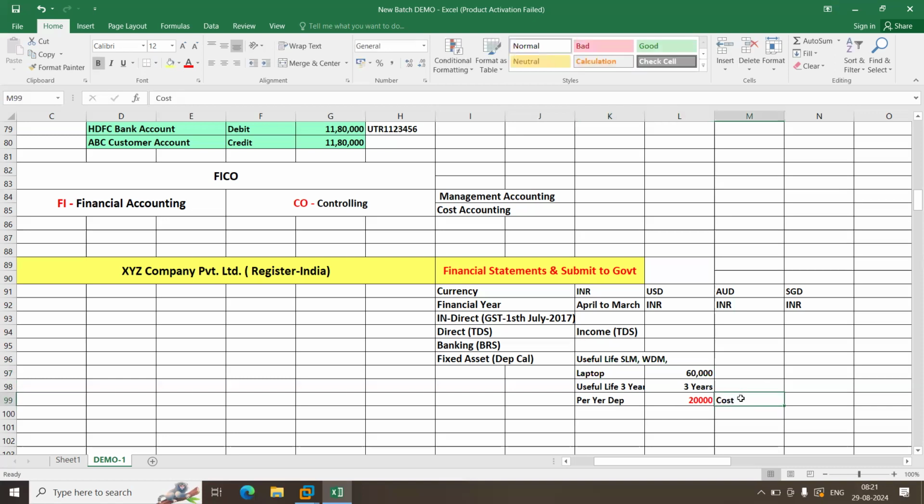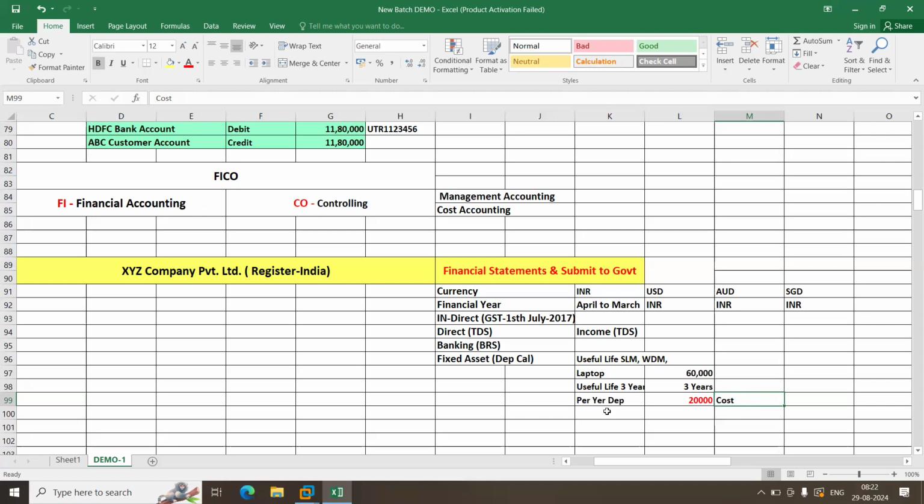And when you are going to book this cost in your books of accounts, when do you have to book this 20,000 cost: the financial year start date, end date, or mid of the financial year? Year end, year start, or mid of the year?